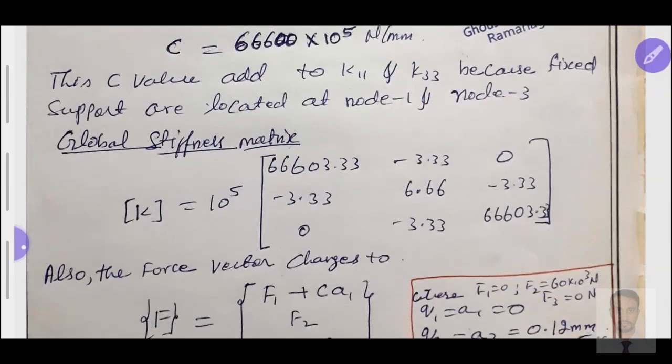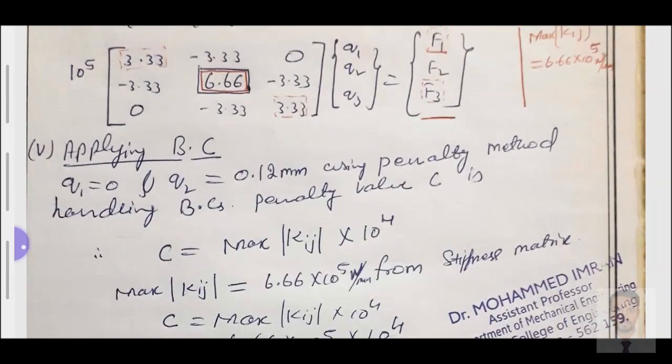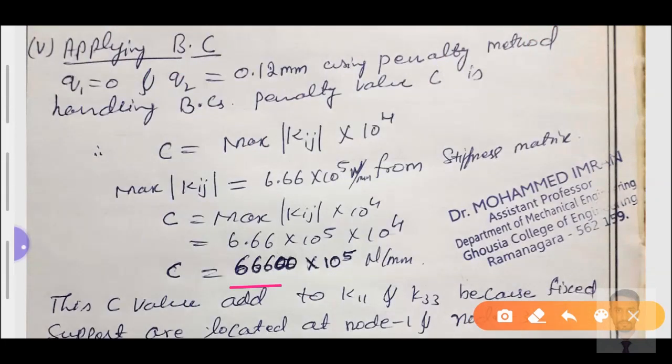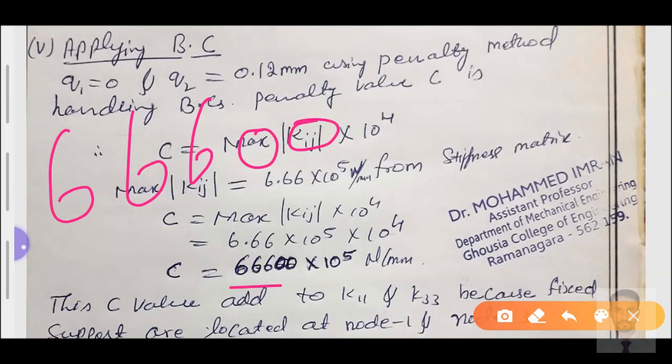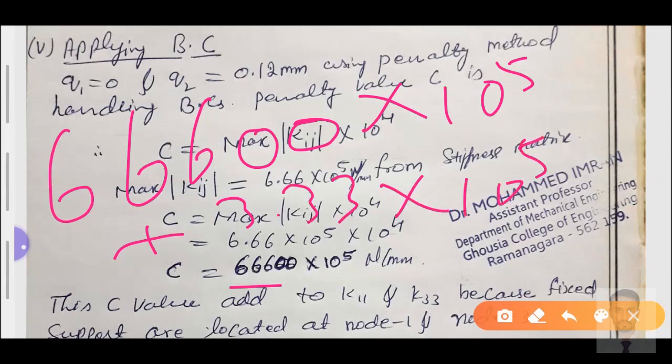So after substituting here, K11 becomes 3.33 into 10 to the power of 5 plus 66600 into 10 to the power of 5 plus 3.33 into 10 to the power of 5.